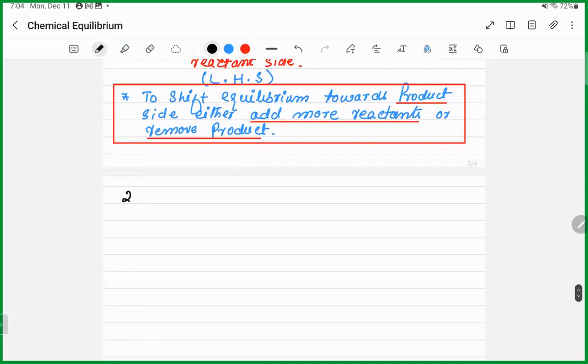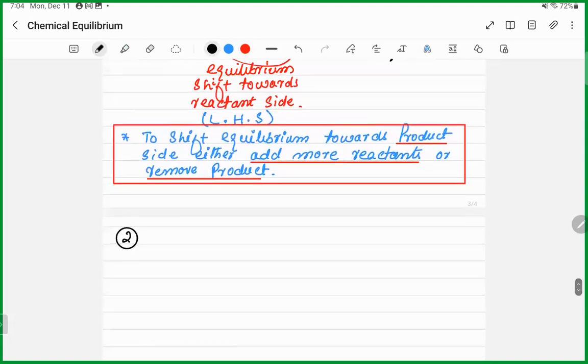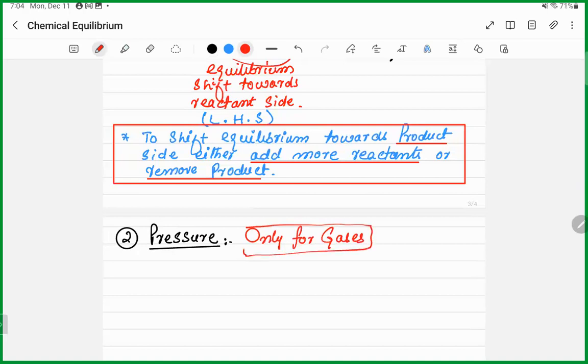Second part, effect of pressure. Now, first key point, the effect of pressure is only for gases. We cannot apply this effect of pressure on liquids. Okay?